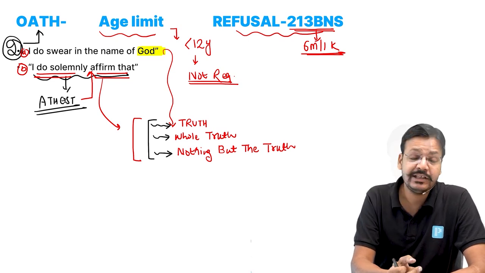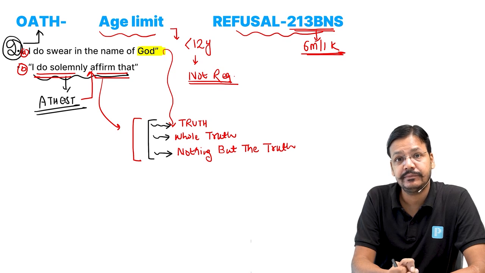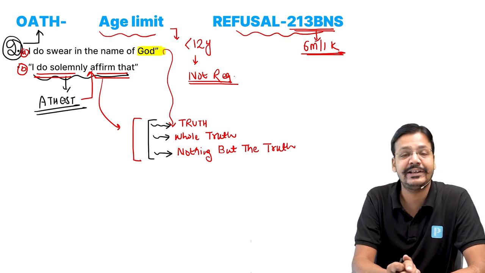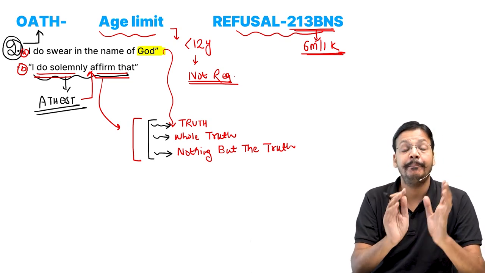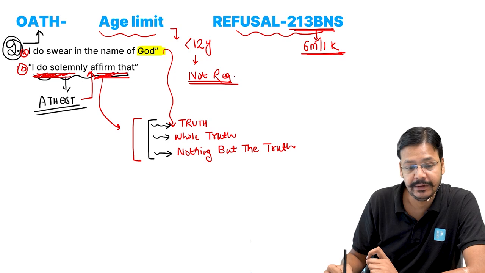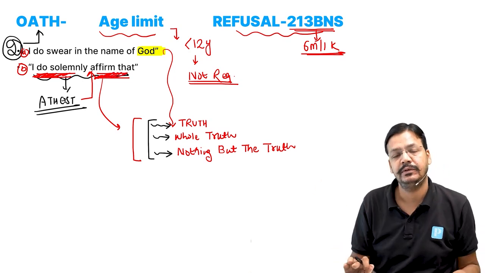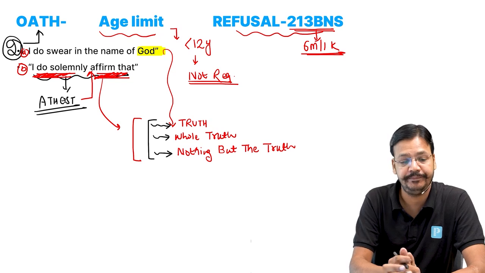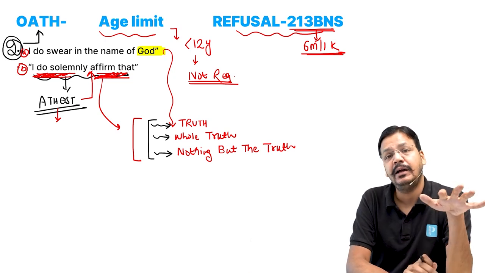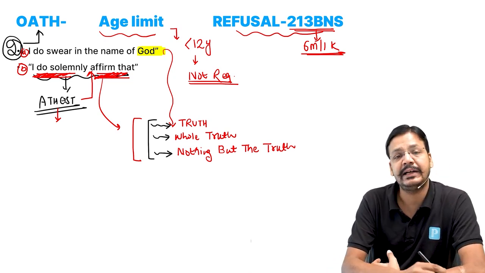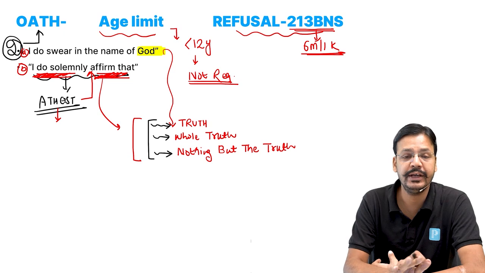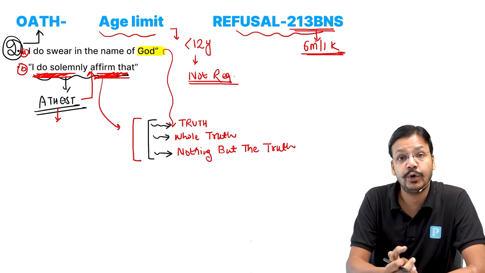The age limit for oath is 12 years. And how do you take an oath? You swear on the name of God that you shall speak truth, whole truth, and nothing but the truth. But atheists do not take the name of God. They say, I do solemnly affirm that I shall speak truth, whole truth, and nothing but the truth. So this is how we take the oath.